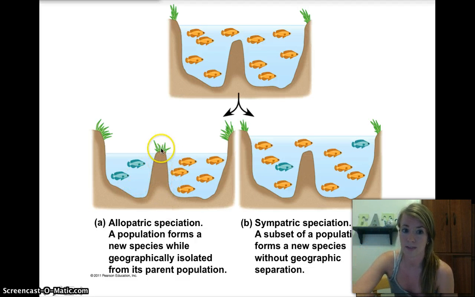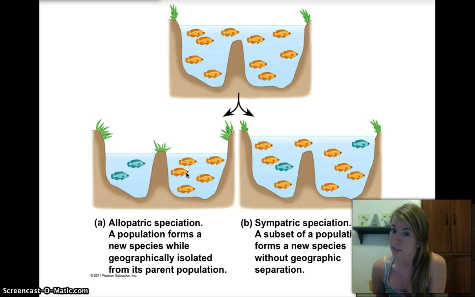Okay, this would be an example of spatial separation, spatial isolation. So now enough allelic frequency differences have accumulated that they're two different species. So that's allopatric speciation: when one species becomes two separate species because of a physical barrier.